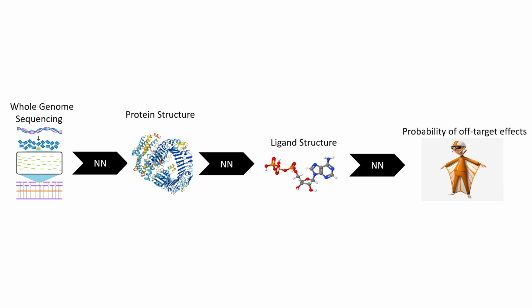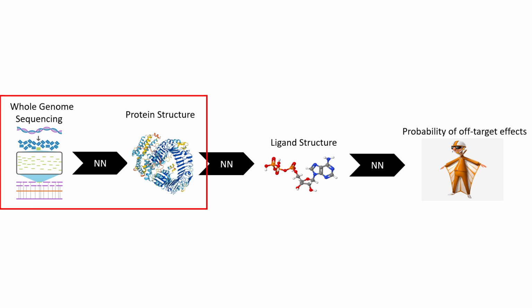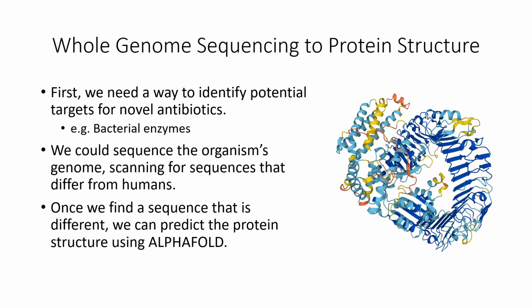Now, each arrow in this diagram indicates a neural network, denoted NN, with the input to the left and output to the right. So we will start by looking at the first step, which involves use of a machine learning model that uses a whole genome sequence as an input and returns the structure of a protein as an output.